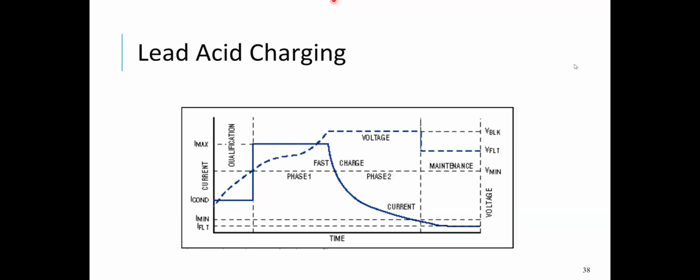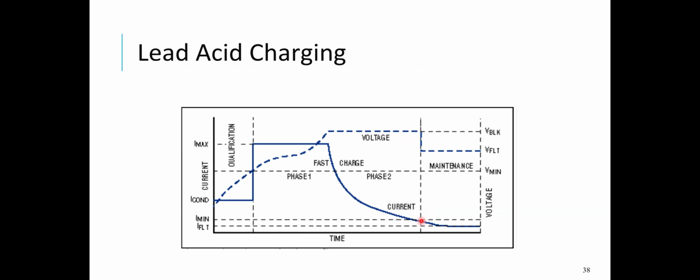So in the case of lead acid battery, the current will just keep going down, down, down. When we reach some minimum current, we are saying that the battery is fully charged.